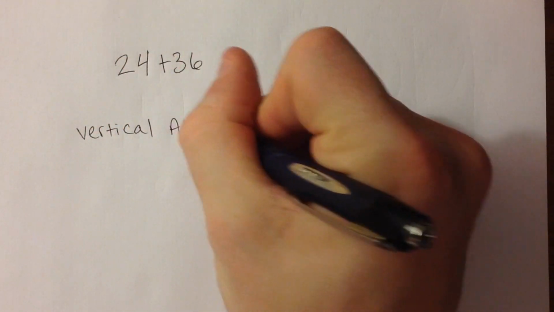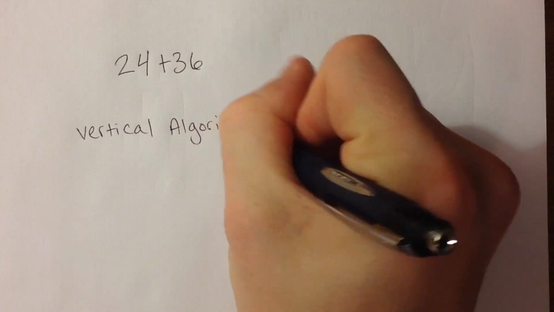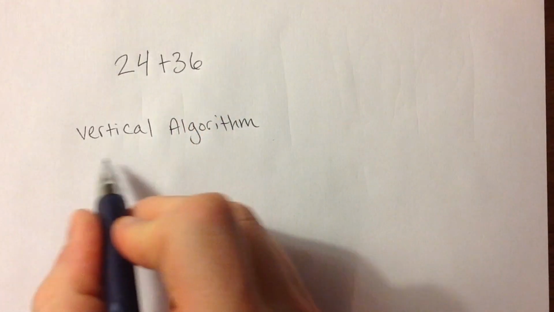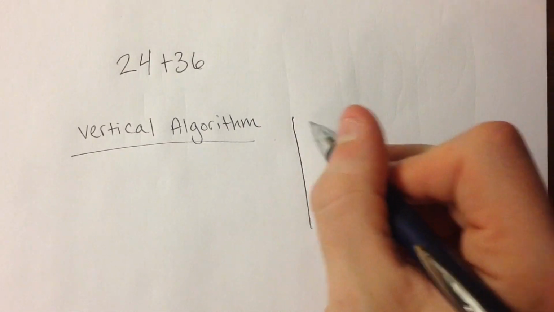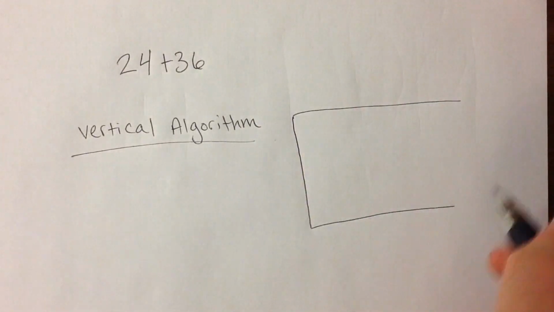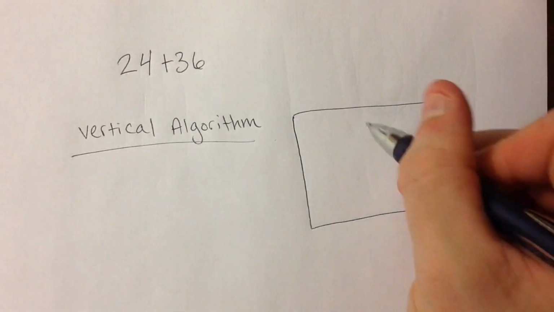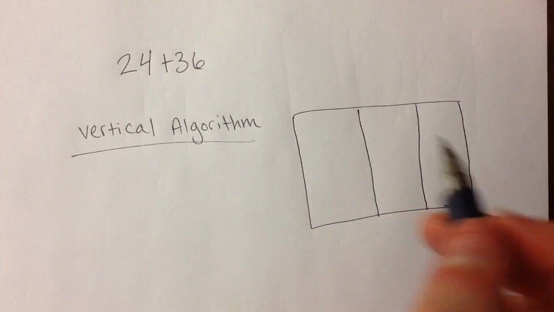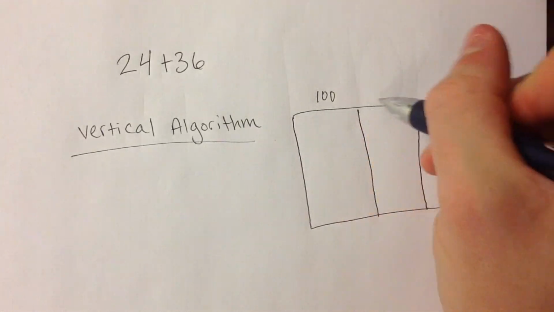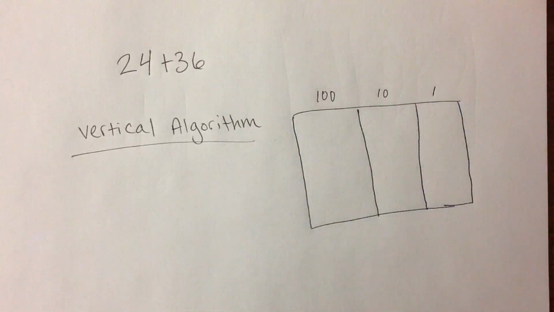So on this side, we're going to have our vertical algorithm, and on this side we're going to have our place value chart. I'm going to go ahead and draw 3 spaces because that's what we're used to with our hundreds, tens, and ones. You never know if you'll need it, even though with this one I know that we won't.